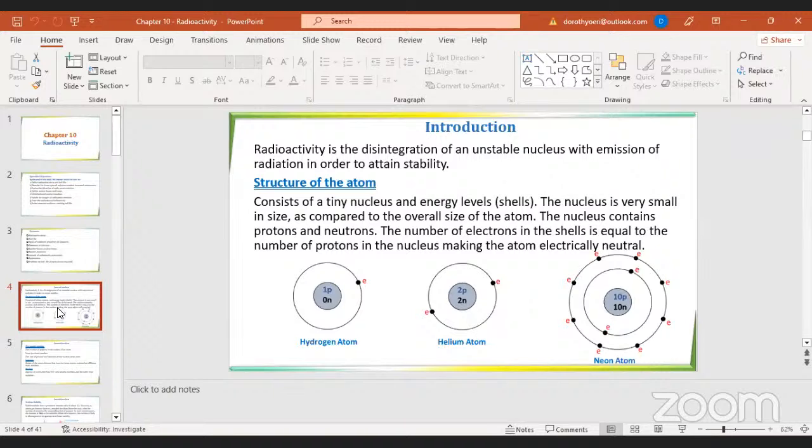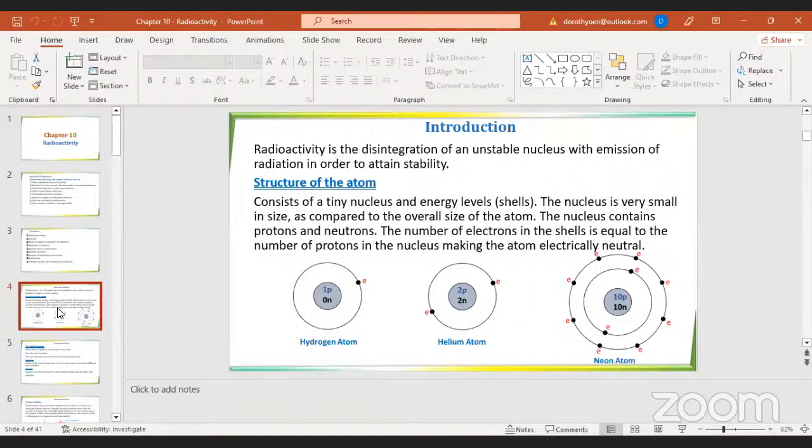Now we all know, if I relate with your chemistry part a bit, we normally say when an atom is unstable, it will either lose electrons or gain electrons. But for radioactivity, we are looking at the nucleus of that atom, of the nuclide.